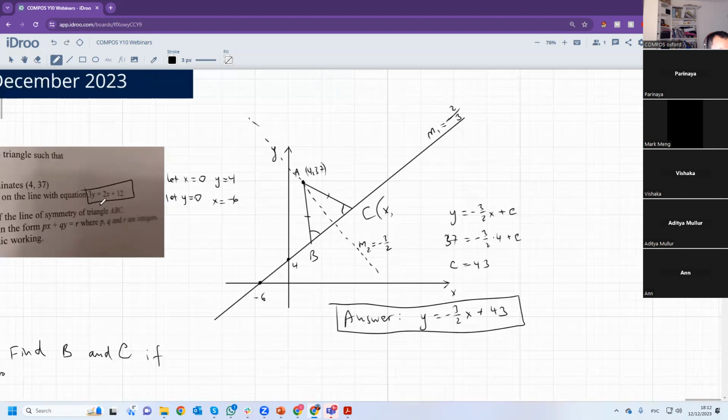The equation of this line is y equals 2/3 x plus 4. Okay, that makes more sense. So if the x coordinate of C is x, then y is 2/3 x plus 4. Does that make sense? Does everyone understand that?